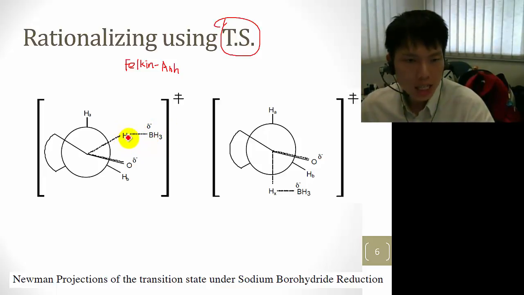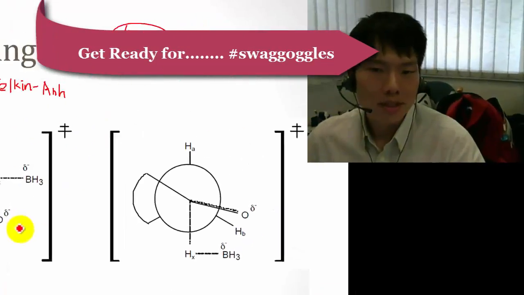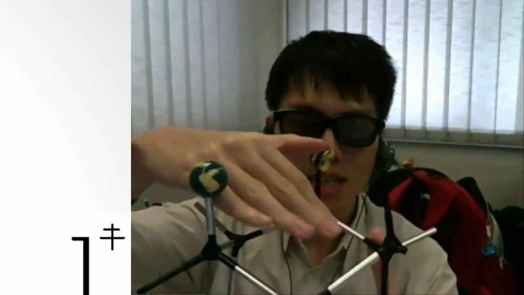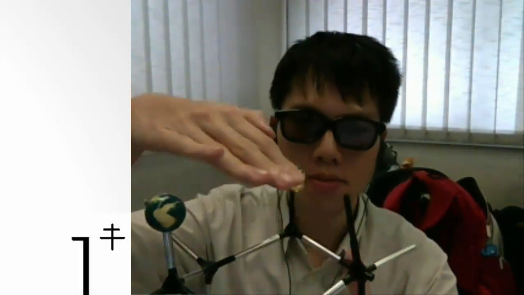Suprafacial attack will cause this to interact with both HA and HB. So imagine this is the structure of your 4-tert-butylcyclohexanone. You see that if the hydride equivalent is going to come in from this trajectory, it's going to hit these axial atoms, even though they are hydrogen.